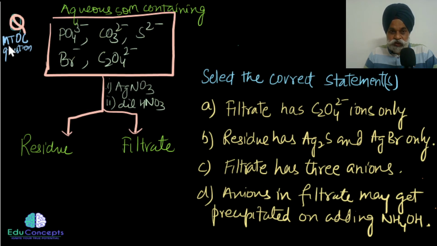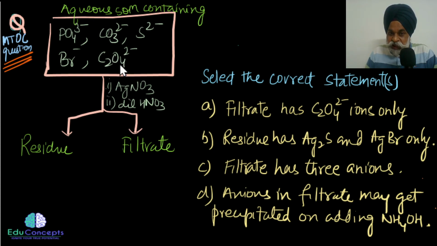Next question belongs to more than one choice question, more than IIT Advanced type of a question. 5 anions are given in an aqueous solution and it is being treated with AgNO3 followed by addition of dilute HNO3. So as I said number of times earlier also that all these anions got precipitated. All of these got precipitated on addition of AgNO3.